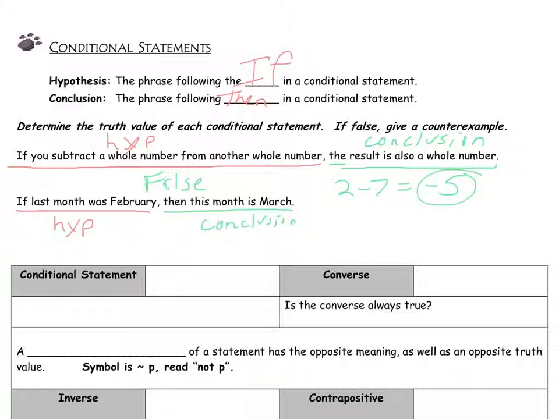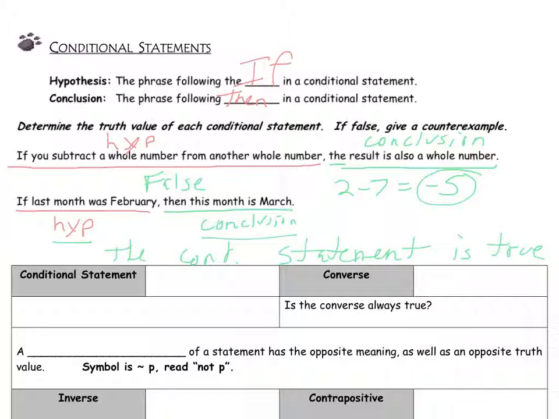I cannot. Therefore, we would say that if the hypothesis and the conclusion is true, then the conditional statement is true. Again, the hypothesis and the conclusion have to be true in order for the conditional statement to be true.